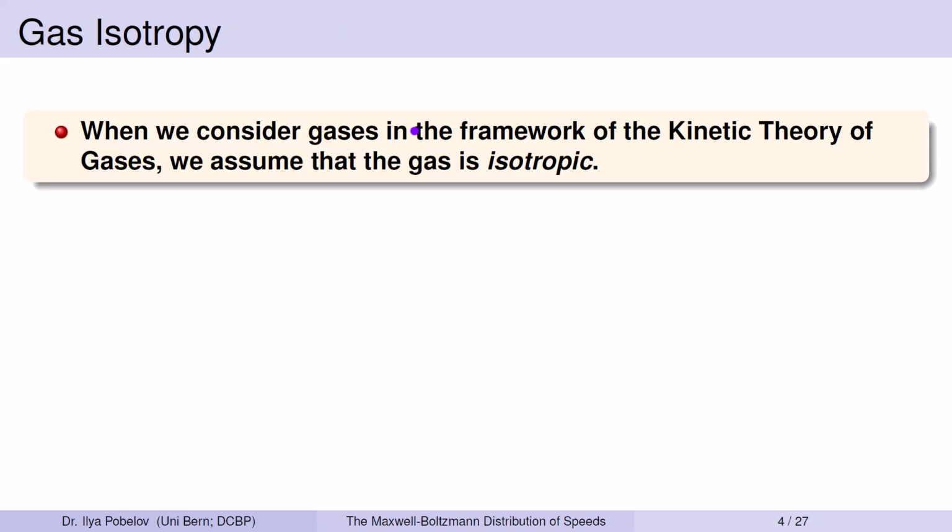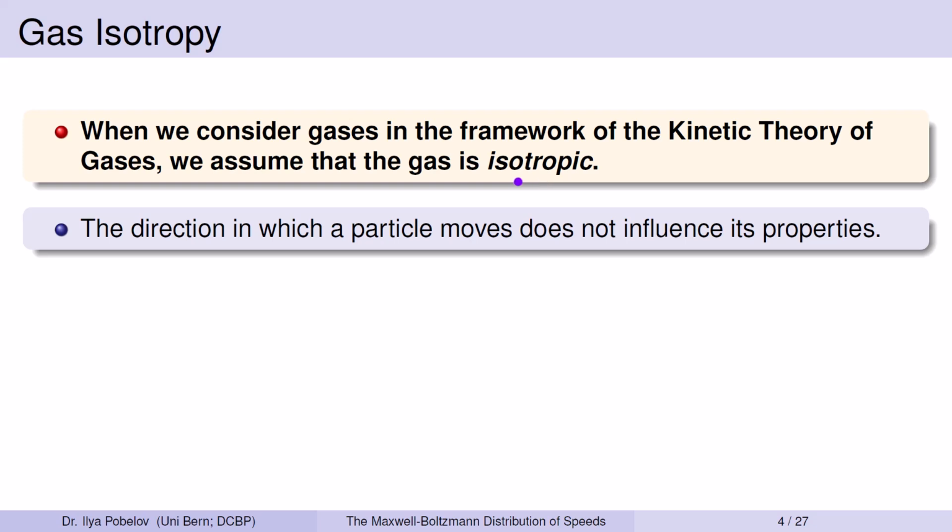Importantly, when we consider gases in the framework of the kinetic theory of gases, we assume that the gas is isotropic. This means that the direction in which a particle moves does not influence its properties.